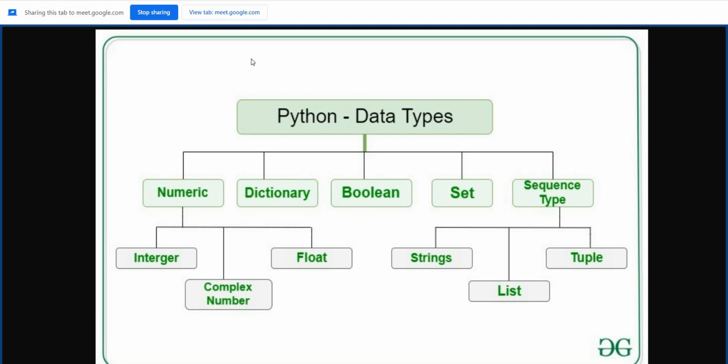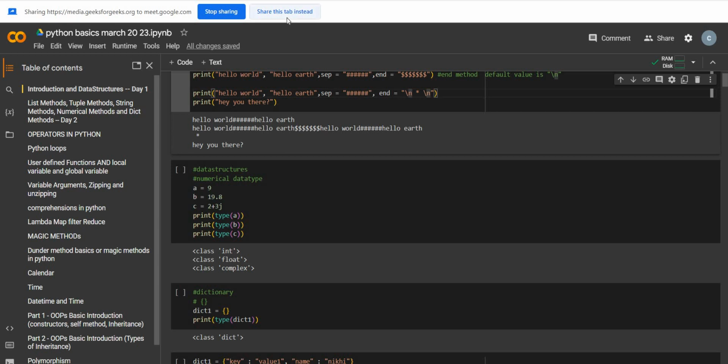Strings, it is like writing characters. It starts with double quotations or single quotations or triple quotations, and whatever it starts with, it should end with the same thing. Tuple, it starts with parenthesis. Parenthesis means closed brackets. List, in the sense, it starts with square brackets. I will show you. Now let us go for the code.